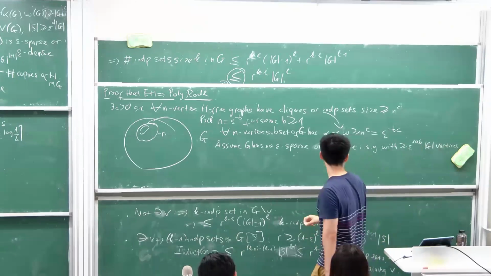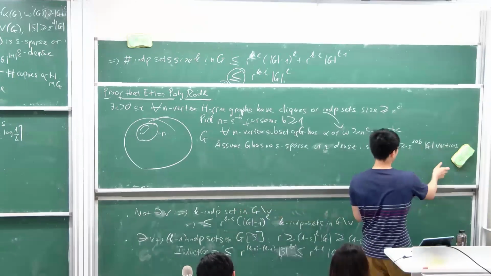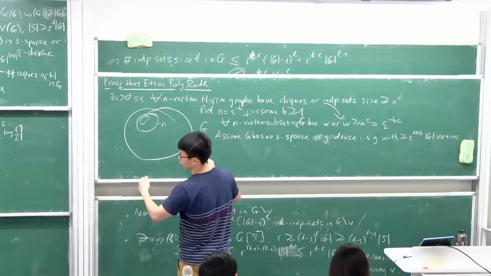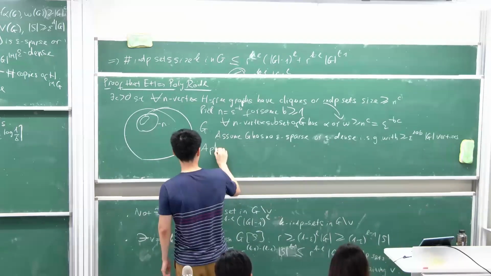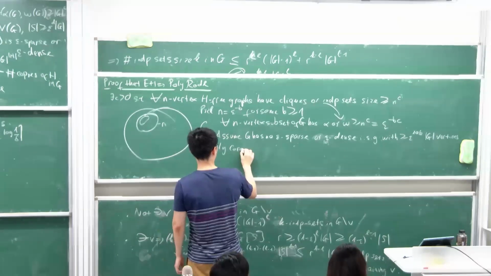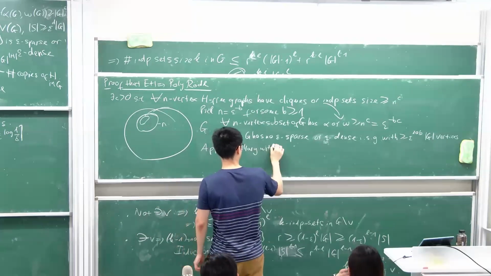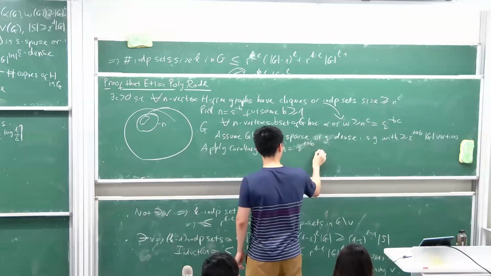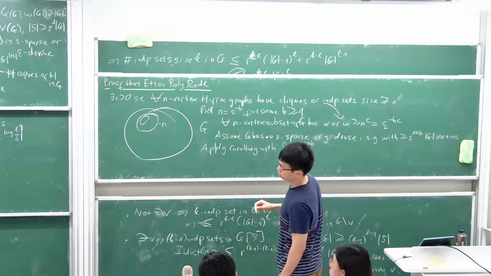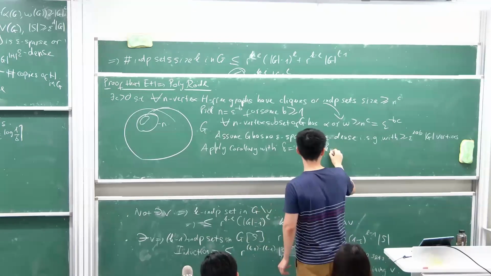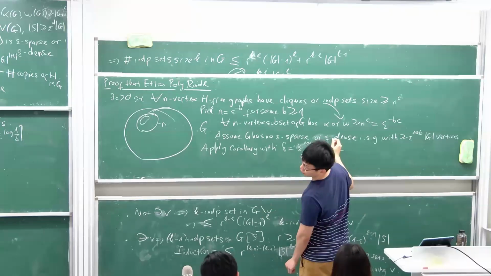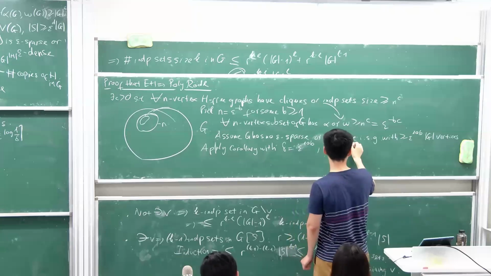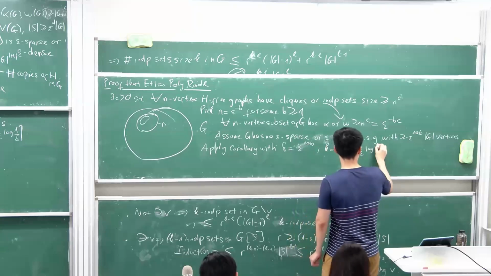And here I would like to apply the lemma, or the corollary, with delta being epsilon to the 10b, and k being 2 times log of 1 over epsilon times 1 over delta.